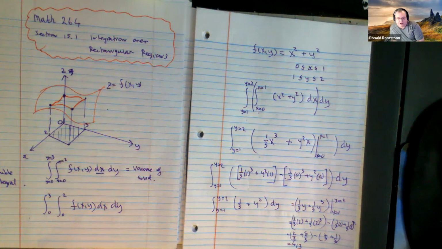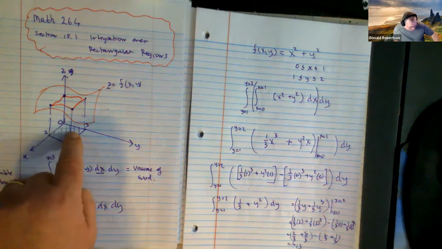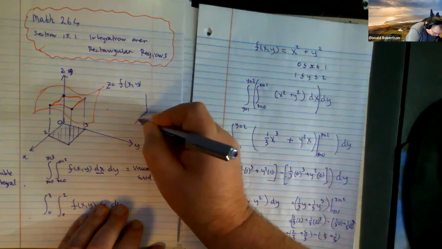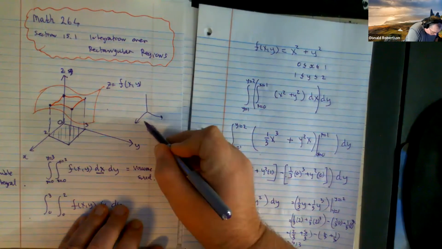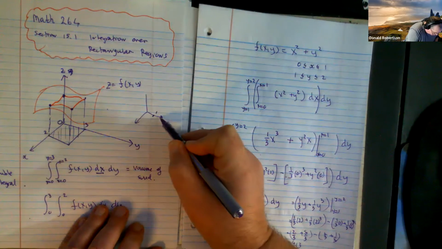And if you want to visualize what that would look like, can you imagine a little rectangle over here from x equals 0 to 1 and y equals 1 to 2? So it would be what, a little rectangle probably over here from 0 to 1, and then y being 1 to 2.